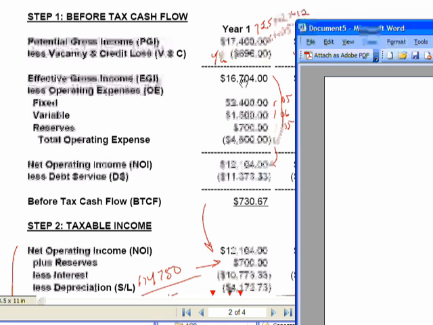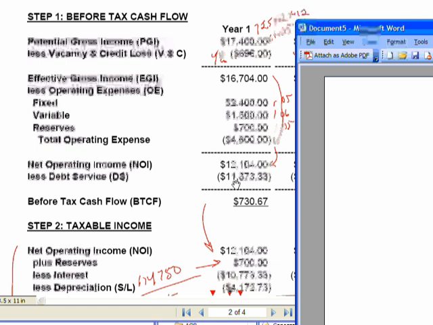But that's not money in the investor's pocket, because over the course of the year, they have to pay operating expenses to maintain the property. We had $2,400 in fixed, $1,500 in variable, and we have a $700 reserve account. So the total operating expenses, $4,600. So if you subtract 4,600 from 16,704, that gives us an NOI, a net operating income, of 12,104.